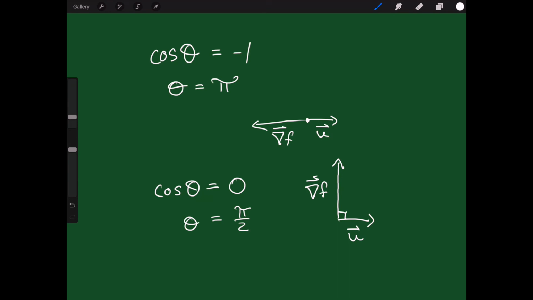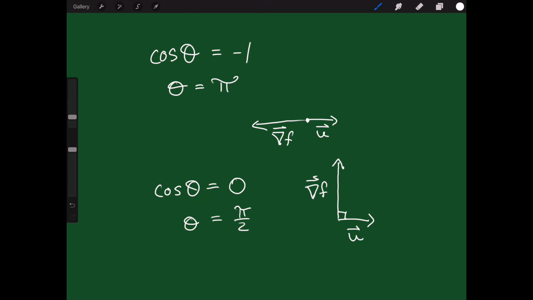Well, it would be 0, because we know that the directional derivative is the magnitude of the gradient times cosine of theta. Cosine of theta is 0, so we have no directional derivative in that direction.